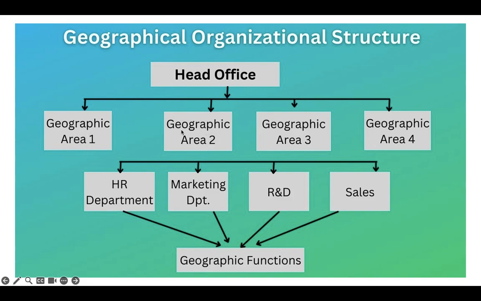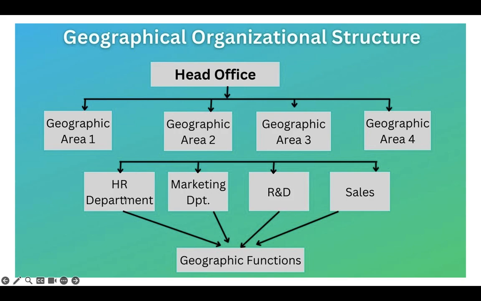Then this might be Haiti, this might be Asian countries, and this might be African countries. All right. And now there are 4 different functional units that come after the geographic organization. So geographic is the primary driver of how the company organizes, and then after geographic comes functional organization.